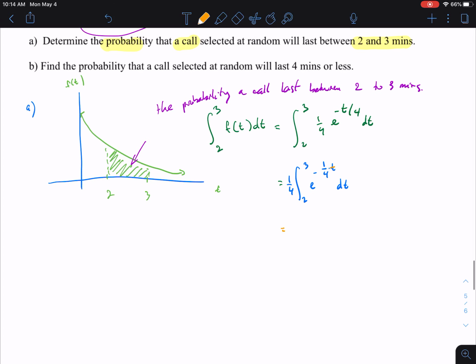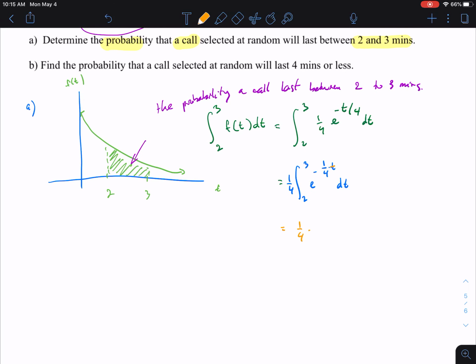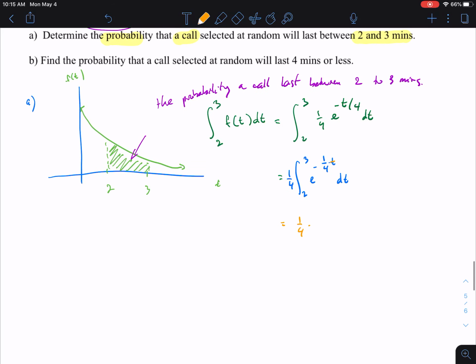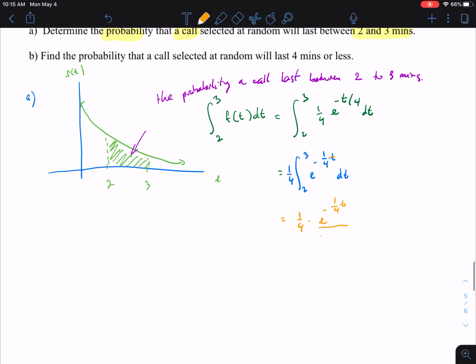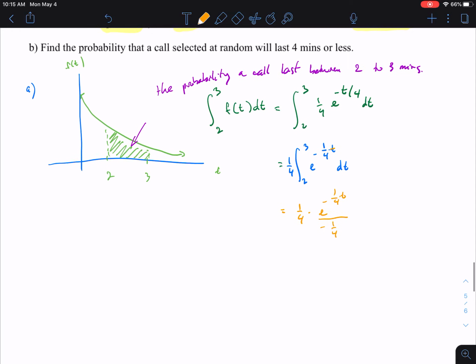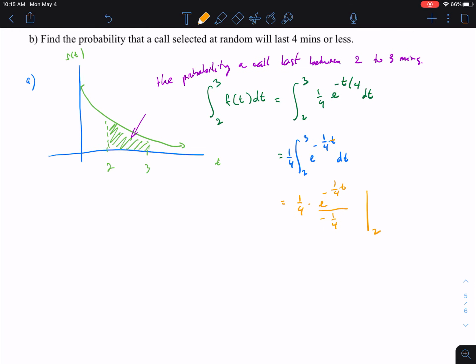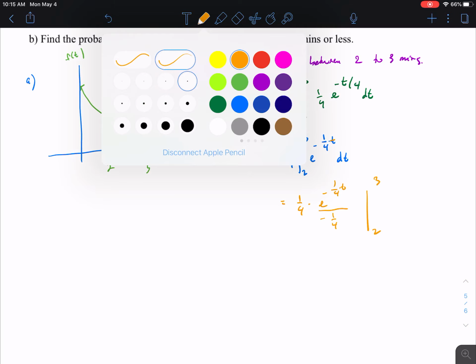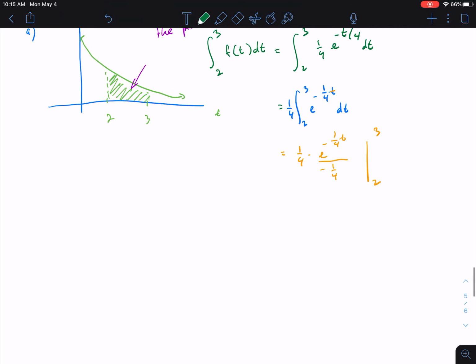So using our antiderivative rule from the previous chapter, the constant 1/4 in front stays the same. E to negative 1/4 t is the same for the antiderivative, but we need to divide by that constant. Then we integrate this from 2 to 3. 1/4 divided by negative 1/4 gives us negative 1.